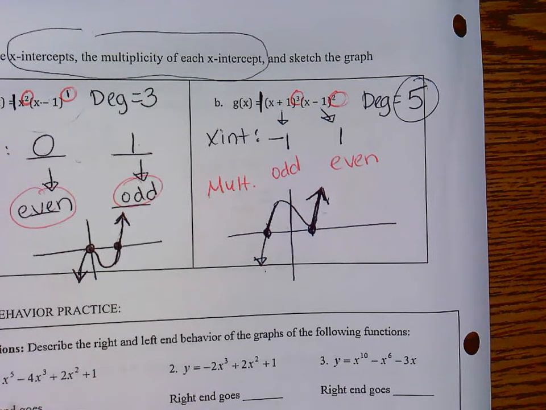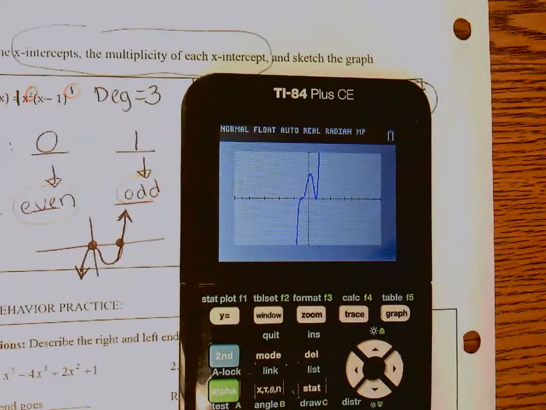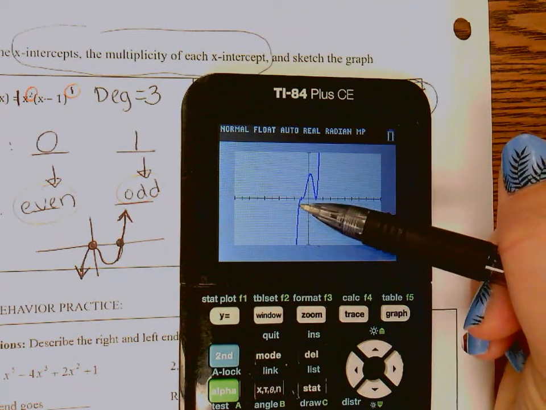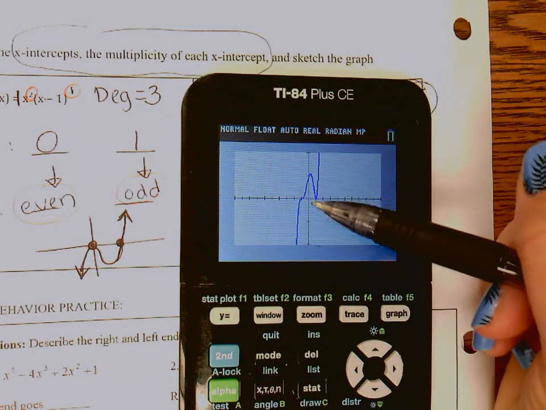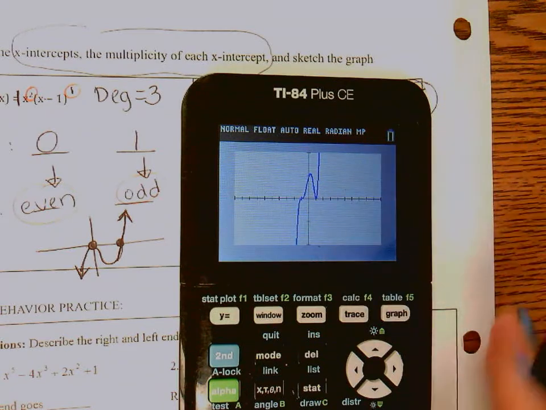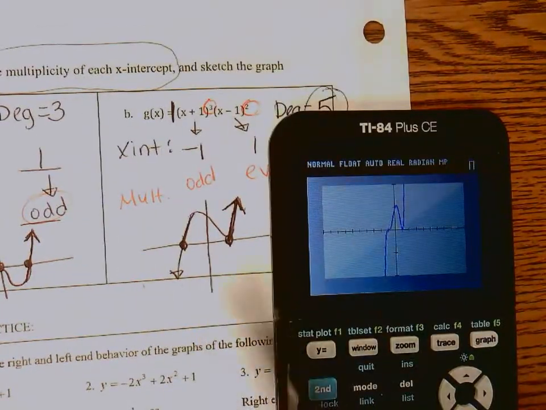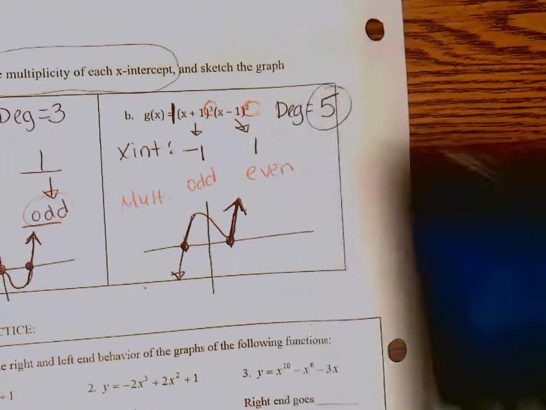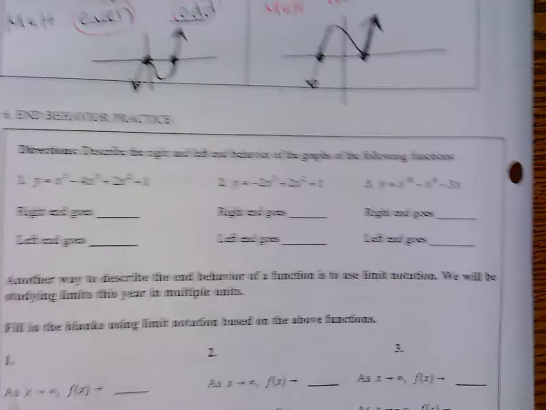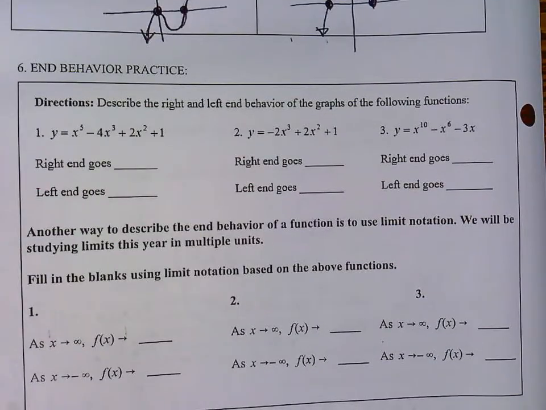Yeah, see, my graph doesn't quite reflect this craziness, but because it's a 5th degree, it's cutting through here. I can't really tell about this turning point, what it looks like, but then it does bounce off here. So, I've got the gist, the correct end behavior and the bouncing, but I didn't quite get the graph perfect. All right, so here's end behavior practice, which is kind of that other piece that you need.